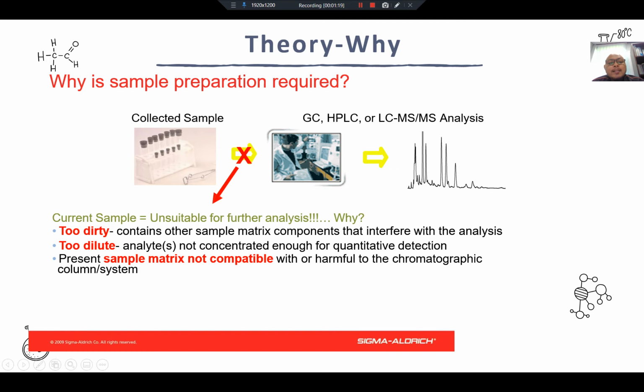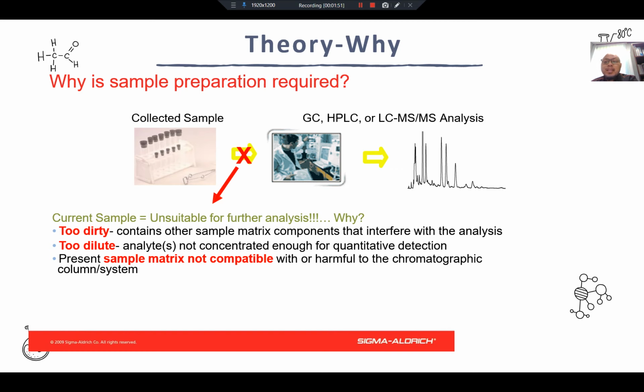Sometimes the present sample matrix is not compatible with or is harmful to the chromatographic column system. For example, you would like to analyze using reverse phase HPLC, which we will learn about later. In reverse phase HPLC, the column can be polar or non-polar, and the mobile phase is chosen accordingly.